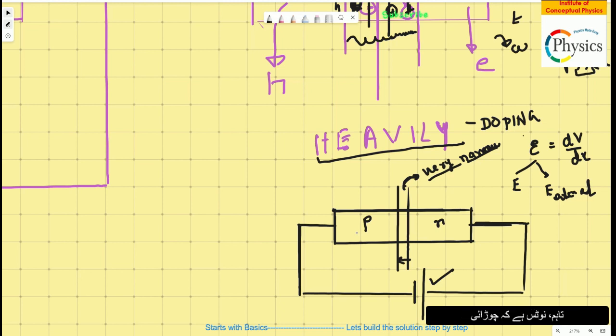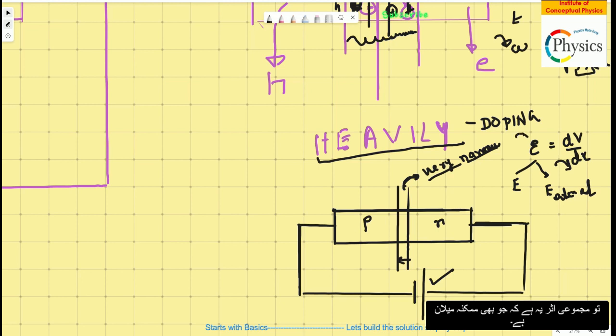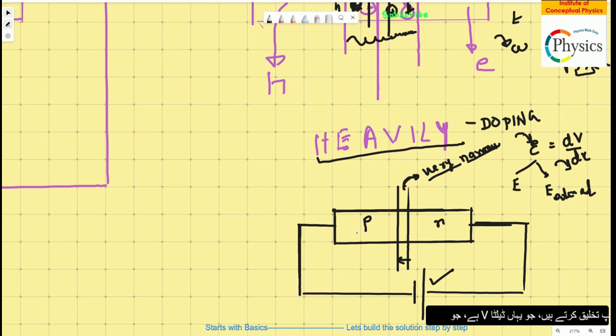However, notice that the width is also very small, right? So the overall impact is that whatever potential gradient you create, which is delta V here, because of the impact of the reverse voltage and the inherent voltage, both of them are now being felt across a very small region.